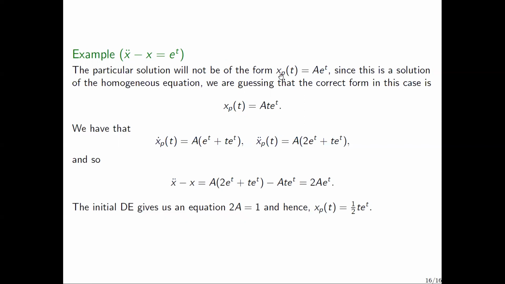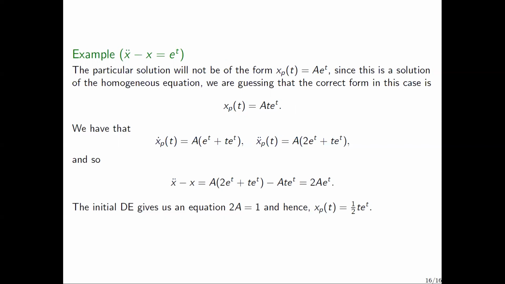But since 1 is also a solution of the homogeneous part, a root of the characteristic polynomial, plugging this particular solution into the left-hand side will give us 0. However, we have to correct the form of the solution a little bit, and it turns out that if we add t times e to t, this will work.